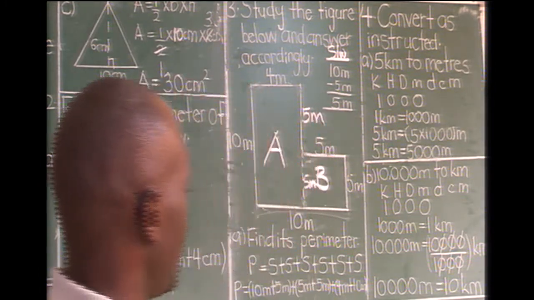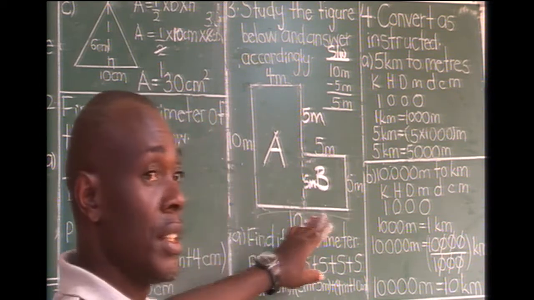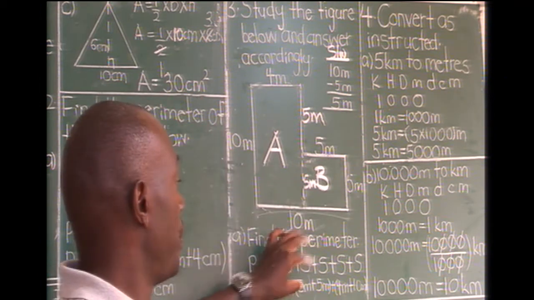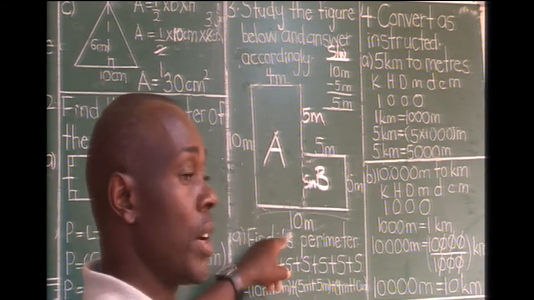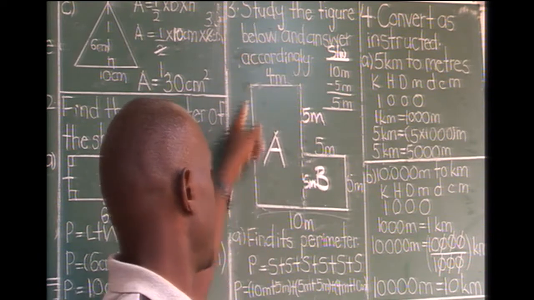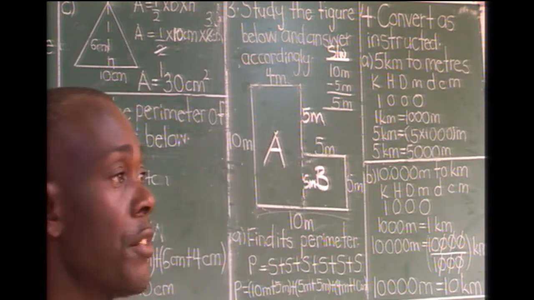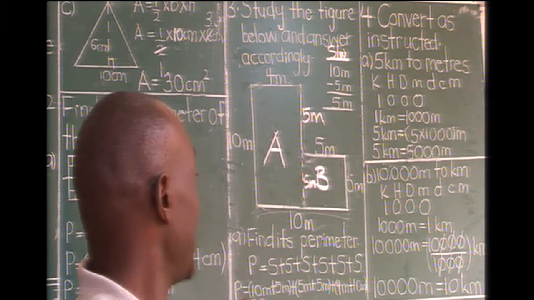Having done that, you will then resort to finding the distance around this object called perimeter. Now that it has got 6 sides, when we count again, this is 1, 2, 3, 4, 5, 6. You write S 6 times.